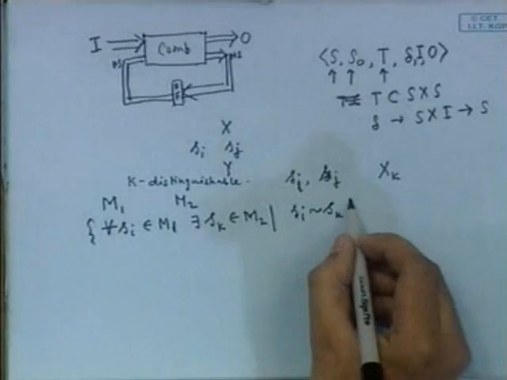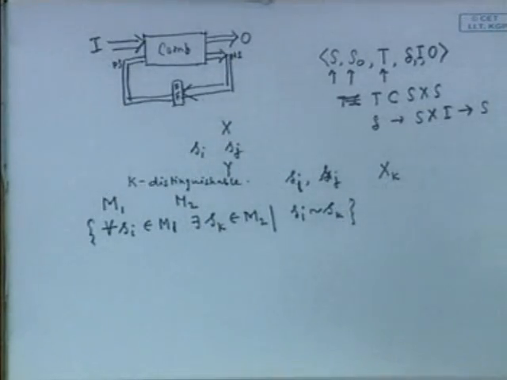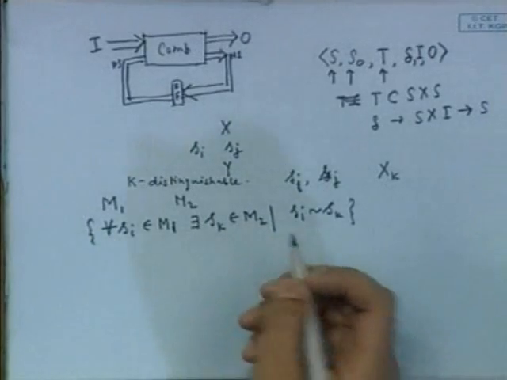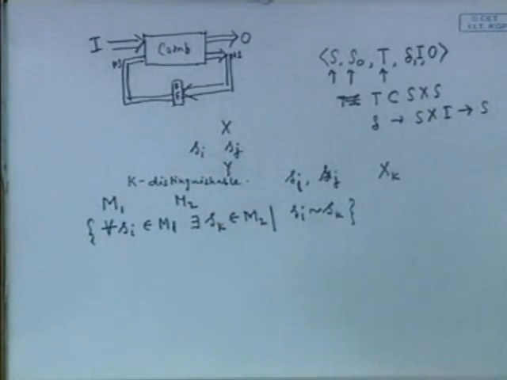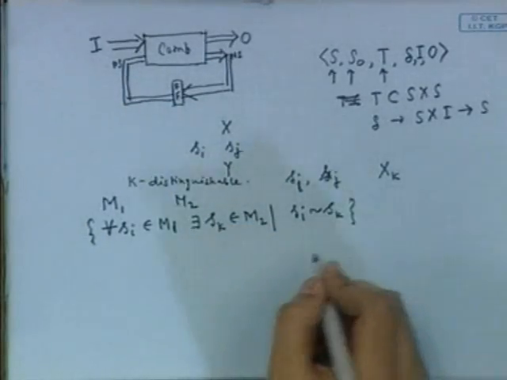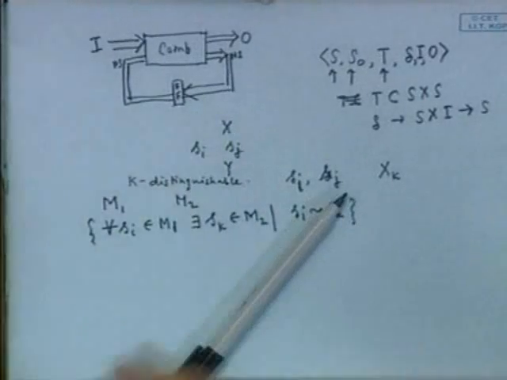Then you will say that M1 and M2, these machines, are equivalent. You got the point? So for every state in M1, there is a state in M2 which is equivalent. This is the definition of two equivalent machines. So the state minimization problem is the problem of finding an equivalent machine corresponding to a state machine which has the minimum number of states.